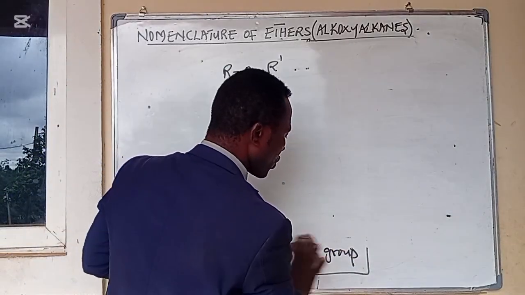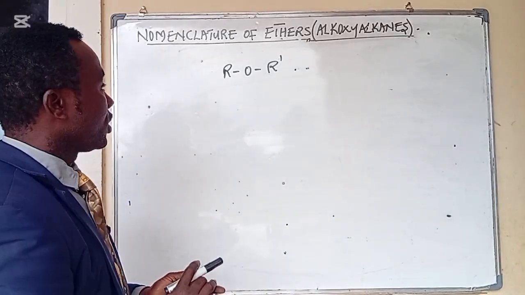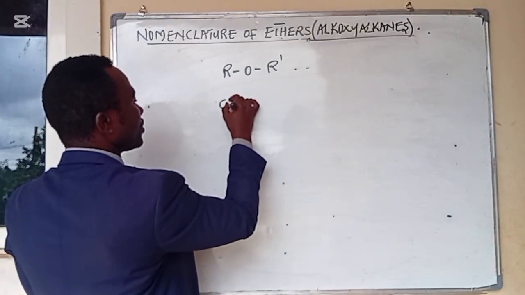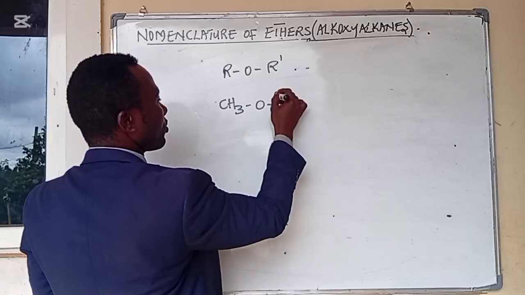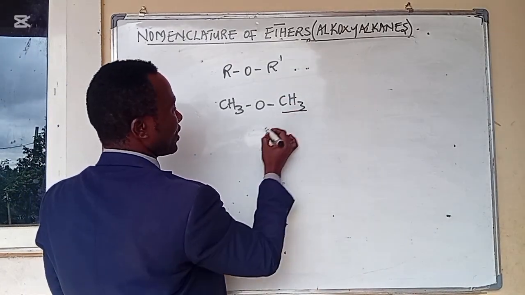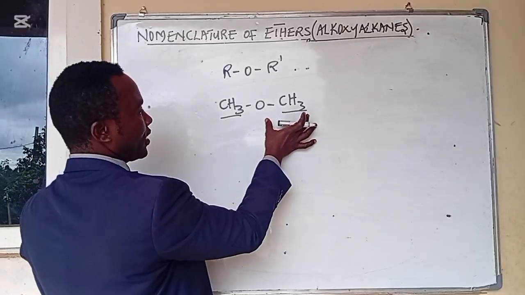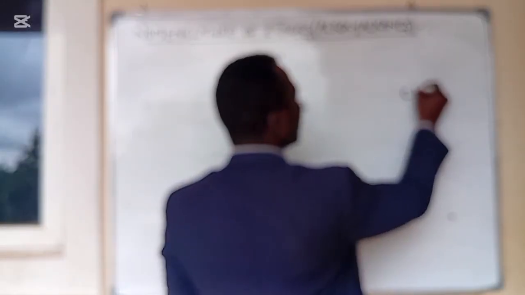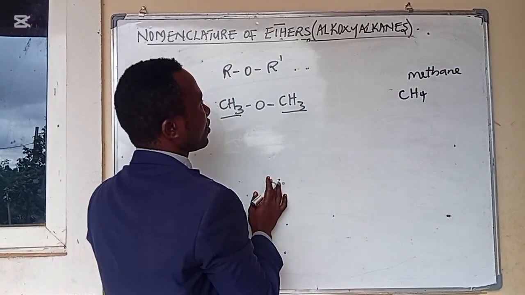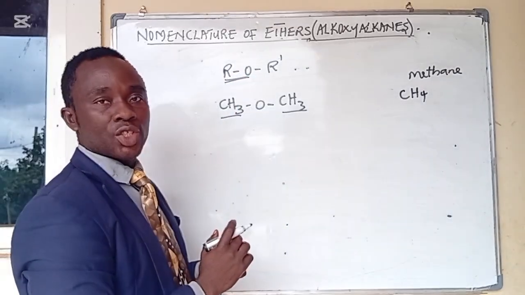Now, let us look at the nomenclature of this class of compound, which is ethers. Now, let R become CH3O, and this R will become CH3. You see that this is a methyl group and this is also a methyl group. Now, this compound here, we see it as CH4, which is methane, in which an alkoxy group is attached.